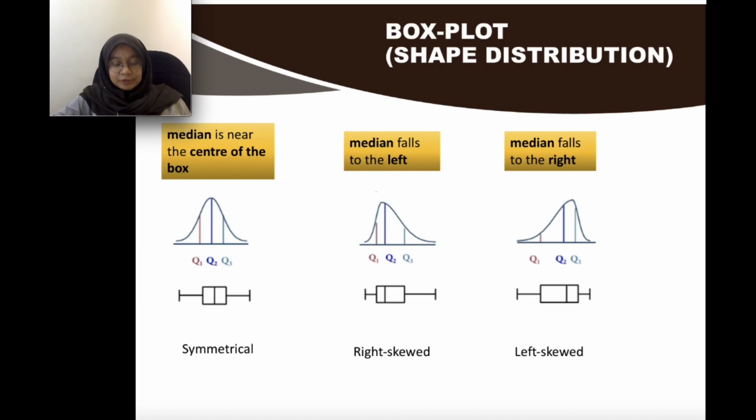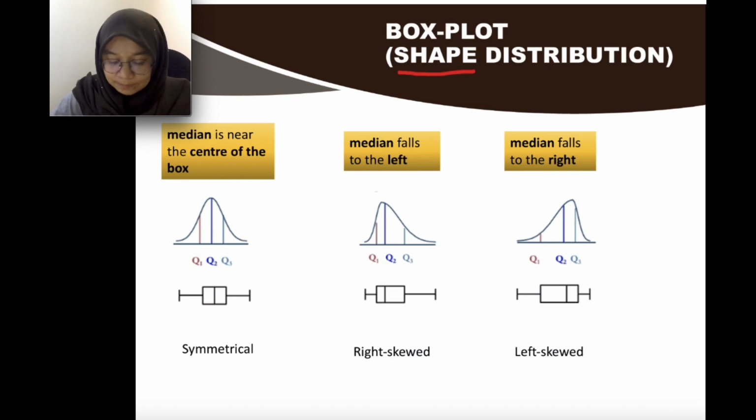Okay, from the box plot, we can also determine the shape of the distribution. If you remember, we have three shapes: symmetrical, skewed to the right, and skewed to the left. Other than determining through mode, median, and mean, we can also determine the shape using the shape of the box plot. So look at your box plot.